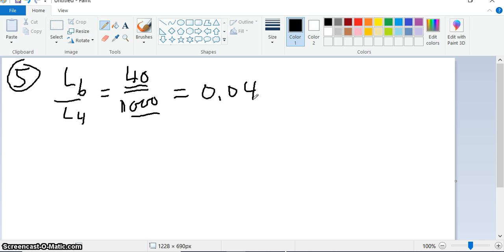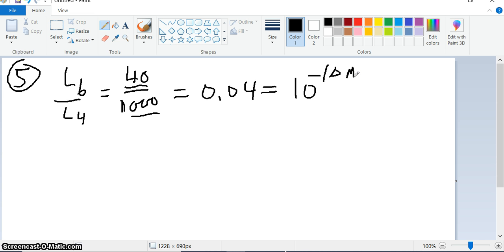So this is like the change in L, and so that's going to equal 10 to the negative the change in the absolute magnitude.